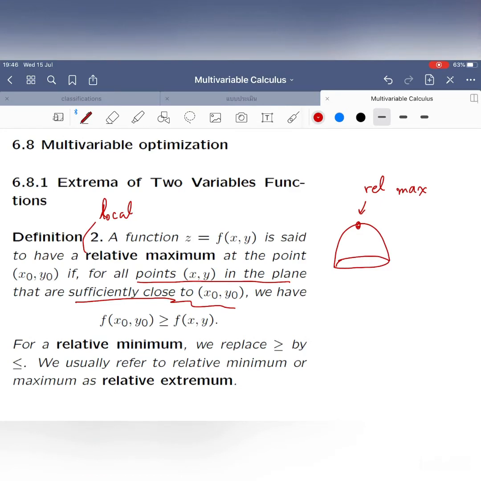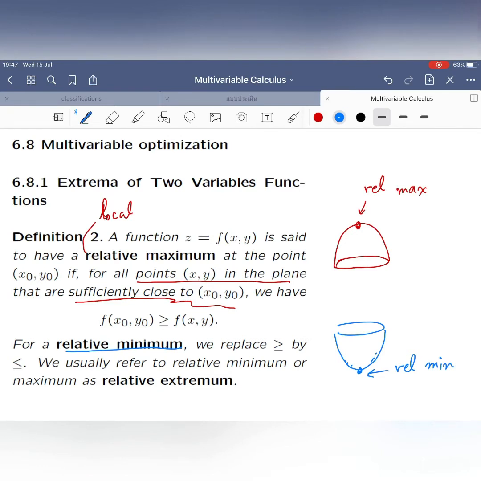Of course, for the relative minimum, if we talk about a minimum, then we are going to see a valley. So at this point, comparing to its neighbors, this one is a minimum. So this one is a relative minimum.